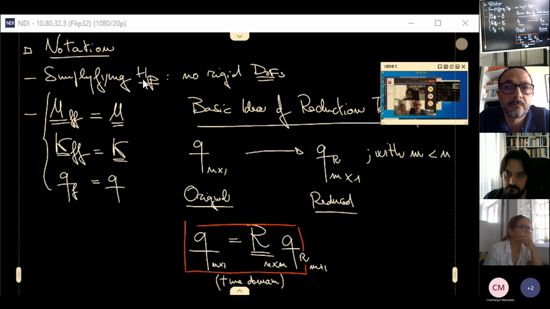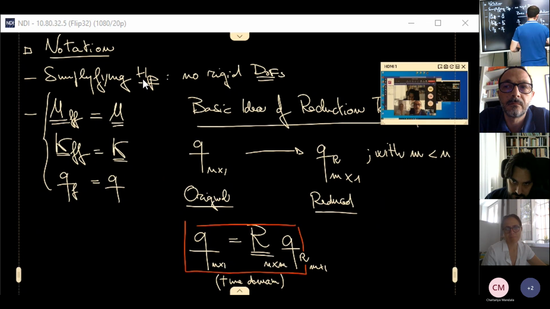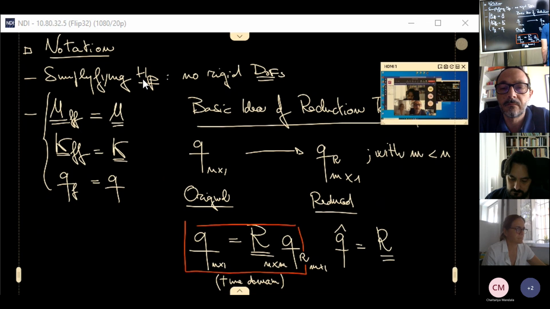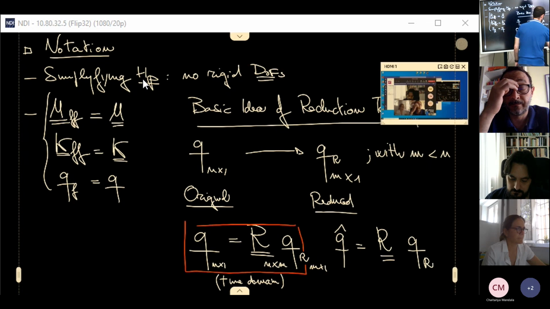The same relationship can be used in the frequency domain. Okay. How can we pass from the time domain to the frequency domain? What is the typical transformation? Fourier, or Laplace. One is actually a subcase of the other. Let's see Fourier. Okay. And we are going to denote the Fourier transformation with a hat on the notation. Okay, so basically like so.